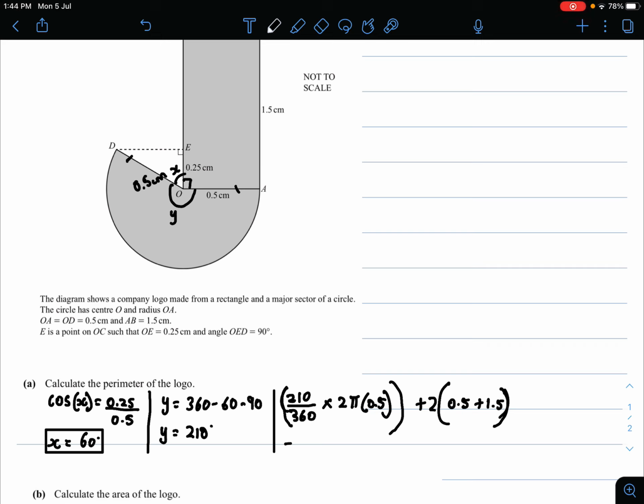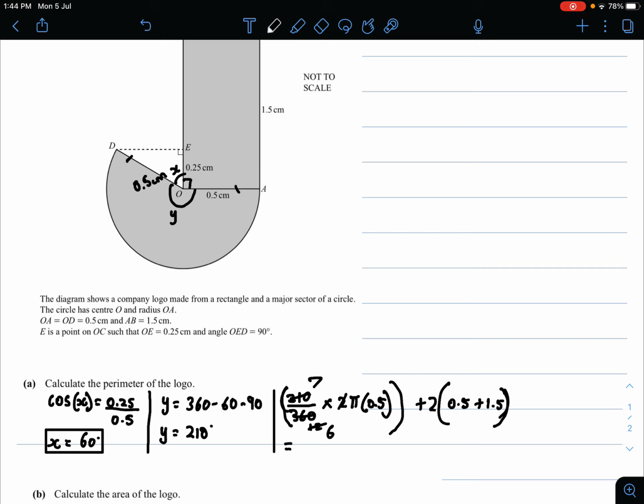So all you need to do is simplify the calculation. So 210 by 360 can be simplified as 7 by 12, and the 2 and the 12 can also get cancelled. So you have 7 by 6 pi multiplied by half.